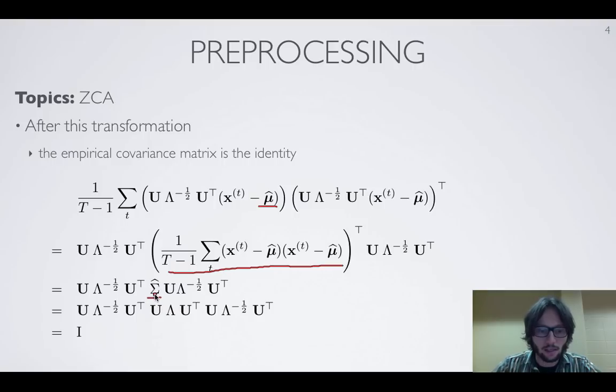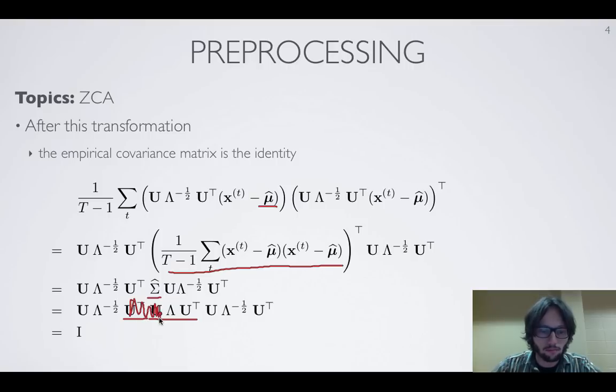Now sigma hat in its eigenvalue decomposition is equal to this. And now we have a bunch of terms that are going to cancel out. First, because the eigenvectors are orthonormal, if I take the matrix U transpose, whose rows are the eigenvectors, times the matrix U whose columns are the eigenvectors, then that's going to be the identity: 0 off diagonal and 1 on the diagonal, because the vectors are orthogonal and they're normalized.